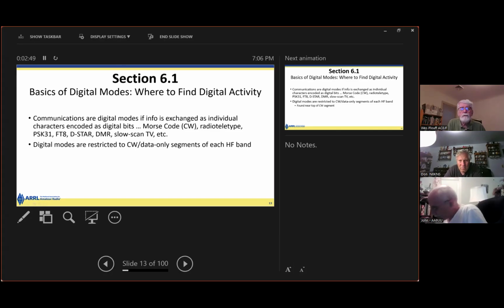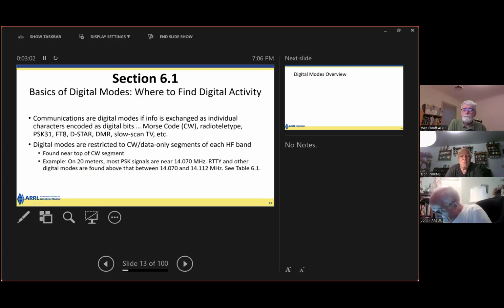So the digital modes that exchange character text are limited to the CW data segments of each HF band. And in that, it's near the top of the CW segment, or in other words, just below the start of the voice segment.